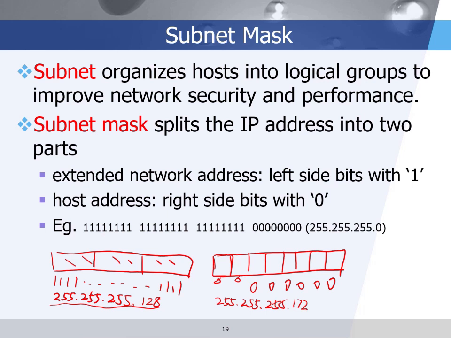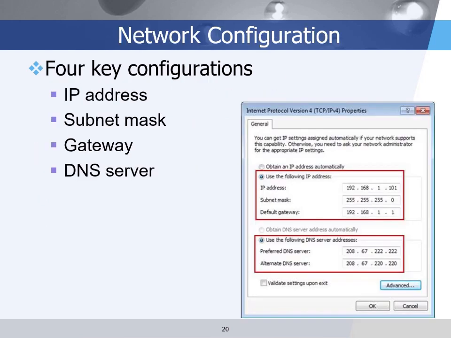Okay, so this is the concept of subnet mask and subnet. So when you see a subnet mask, you should be able to know how many groups we want to split the host numbers.